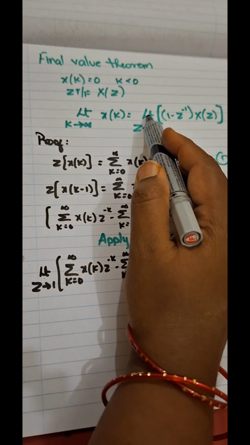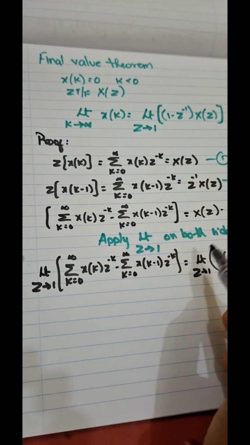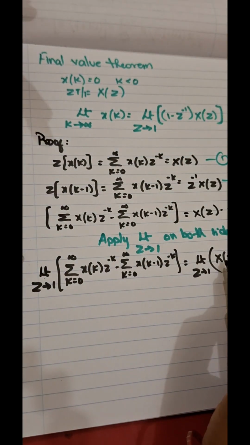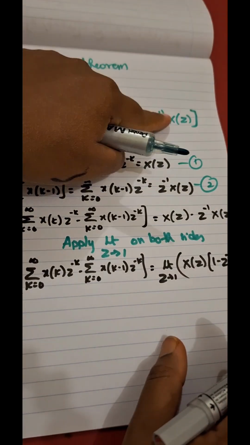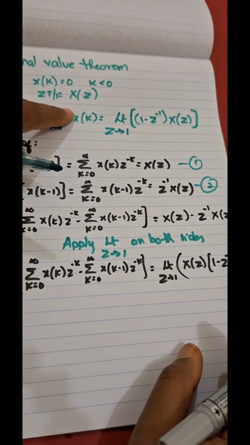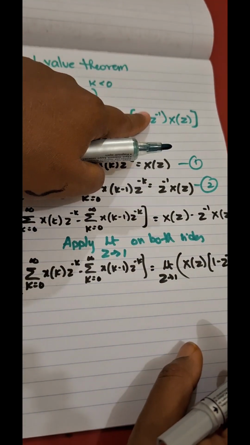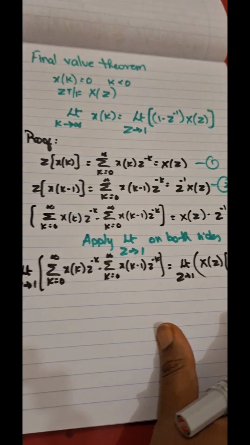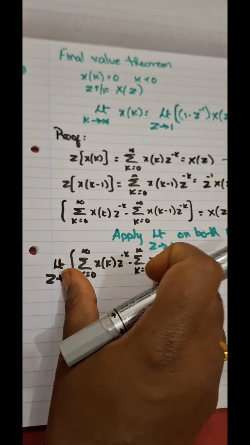Can you see, limit z tends to 1 of (1 minus z inverse) into X(z)? So they matched. Our target is now to bring the right side term. The left is done; now we need to concentrate on the right thing.